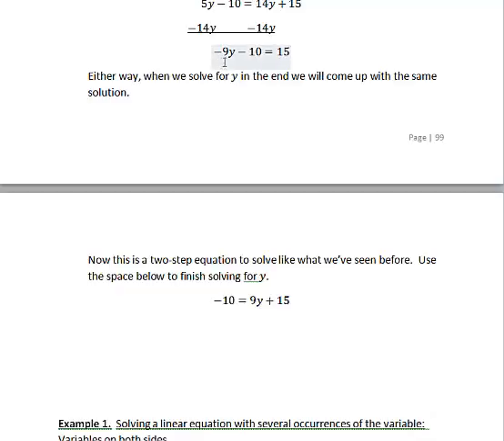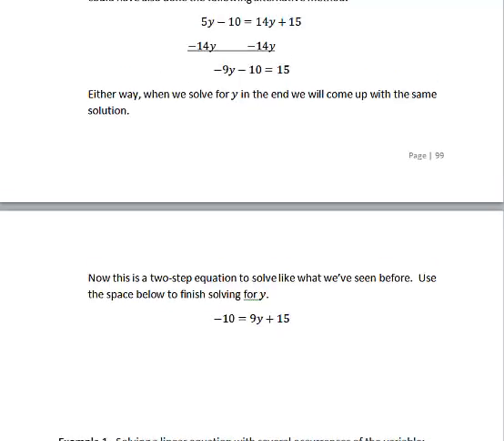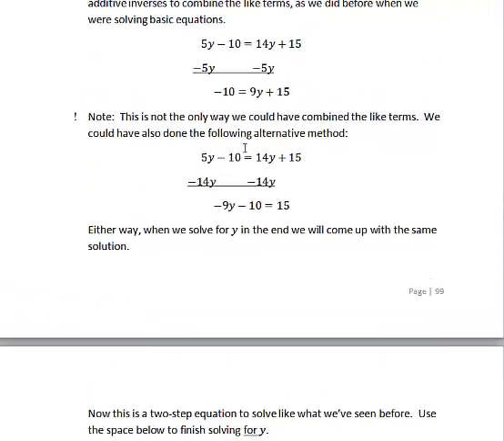And as a result, you'd end up with a slightly different equation. So you don't want to do both of these. You either want to move the 5y to the right, or you can move the 14y to the left. So either one of these is okay, this one or that one.